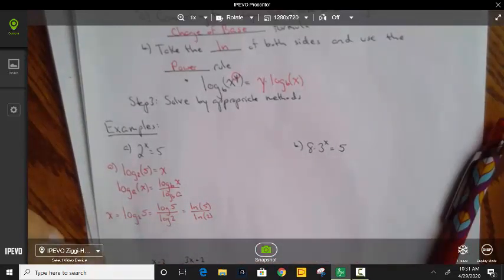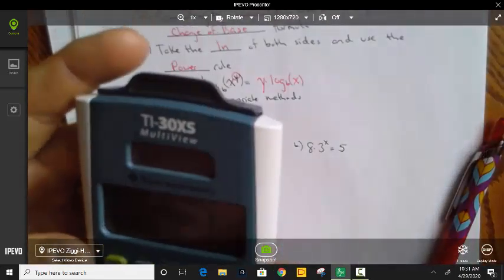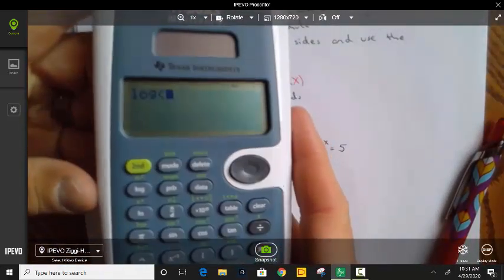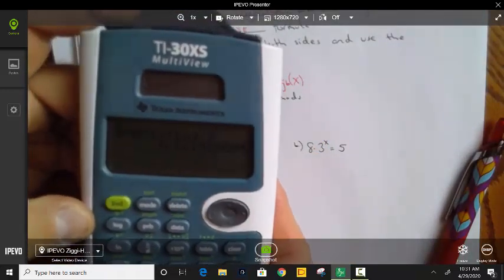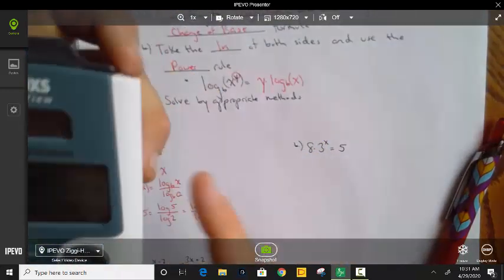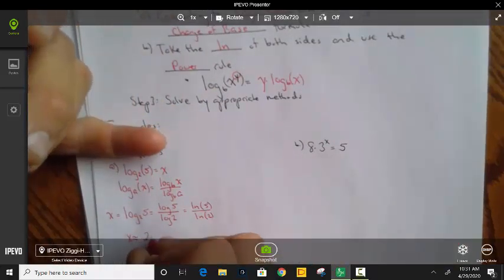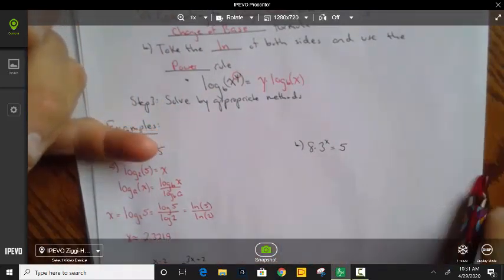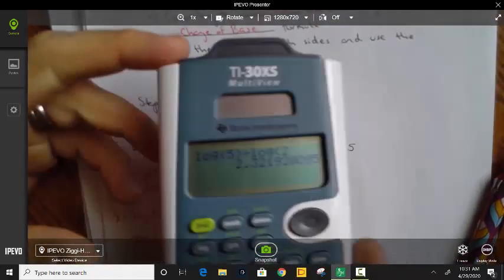So if we go to our calculator now, since log of 5 and log of 2 are both base 10, we can punch that in. So we can go log of 5, close parentheses, divided by log of 2, and we see that the answer is roughly 2.3219. Or similarly, the change of base formula says we can change it to either base.